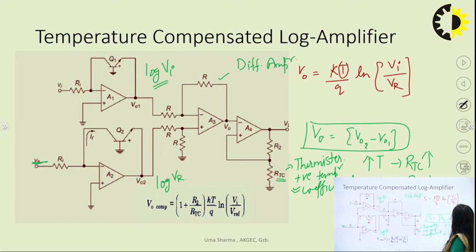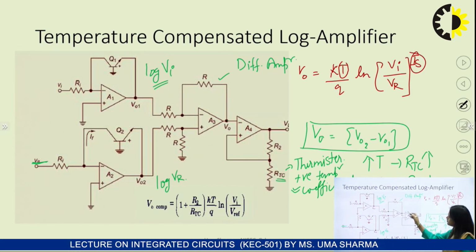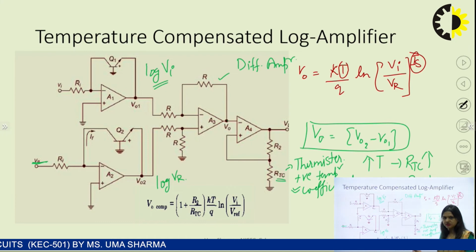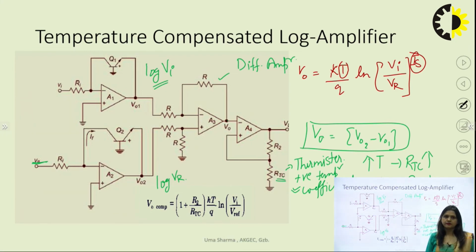That means the problem of IS can be eliminated using the 3 op-amp circuit, meaning 2 log amplifiers and 1 difference amplifier. At this point, I get an output which is not dependent on the reverse saturation current, but this expression still depends on the temperature.